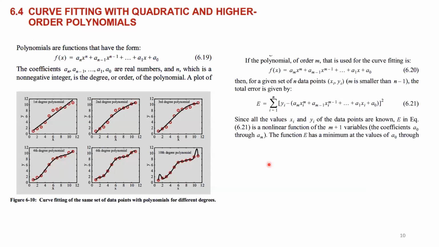Good. So the next thing is going to be curve fitting with quadratic and higher order polynomials, but really it's no different. So we're just trying to minimize the error again. But in general, we're going to have an nth order polynomial. So m is going to be smaller than n minus 1. So in reality, I personally haven't seen much application of polynomials because you can have technically a very large number of data points, right?